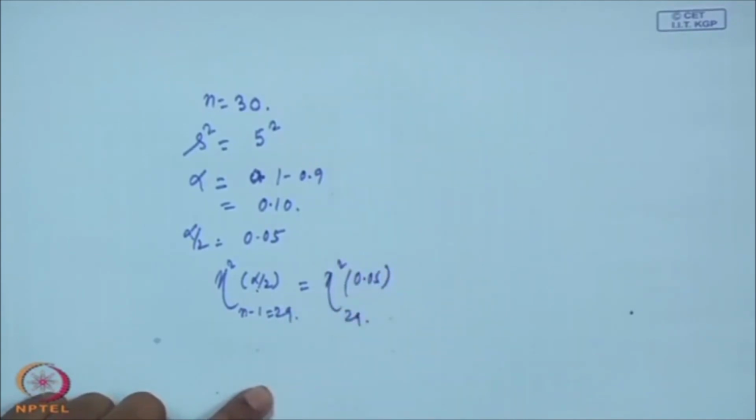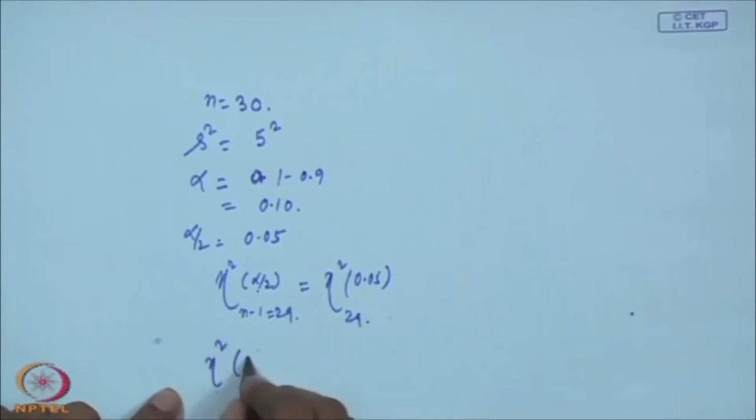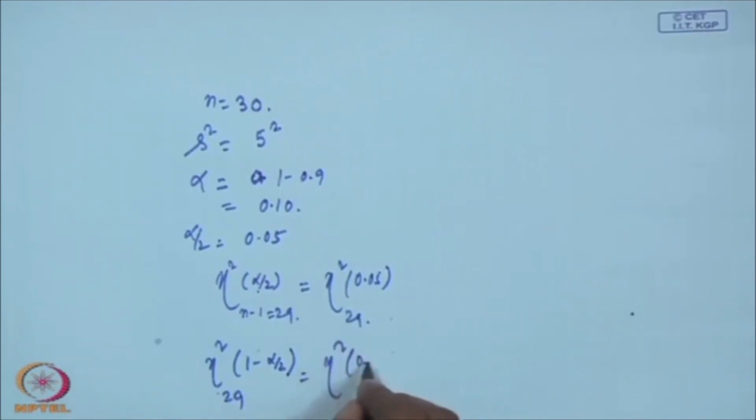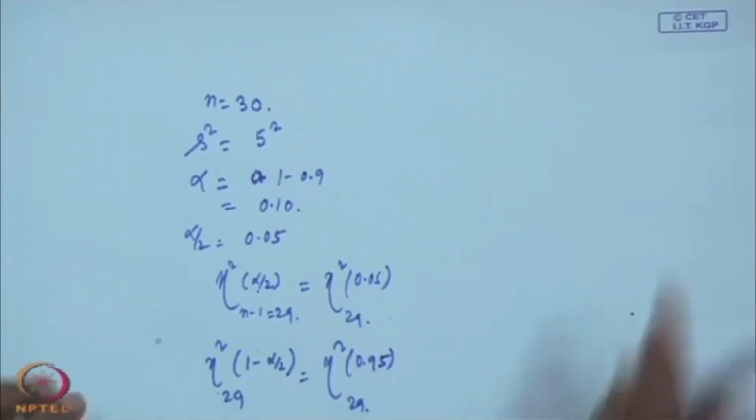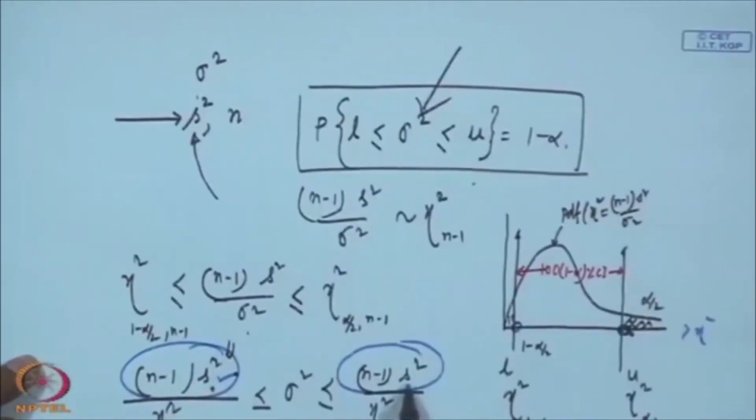As well as one more value, chi-square 1 minus alpha by 2 with the same n minus 1, that means chi-square 0.95, 29. If you know these two values, then put them into this equation. s square is known, 25, n minus 1 is 29. You have to find the chi-square values from the table.